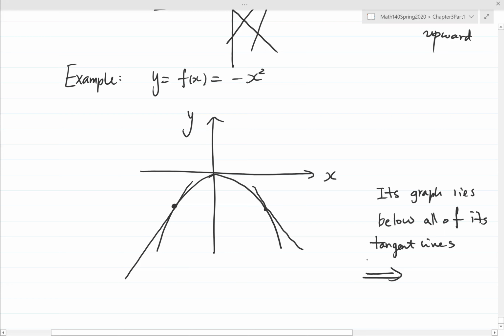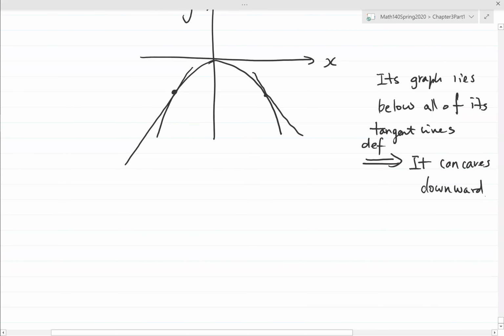Then according to the definition, it concaves downward. So this is concavity.